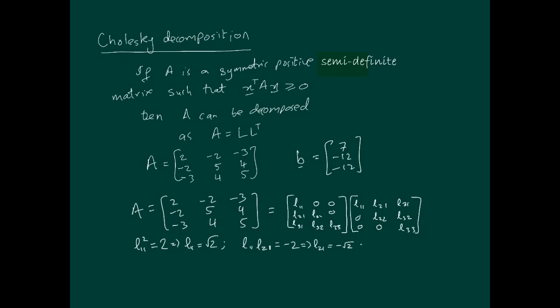Next, if we move on, the next element is L11 L31, and that is supposed to be equal to -3. So therefore, this implies that L31 is, of course, -3 divided by square root 2.